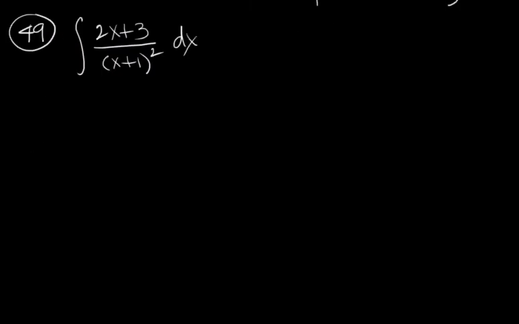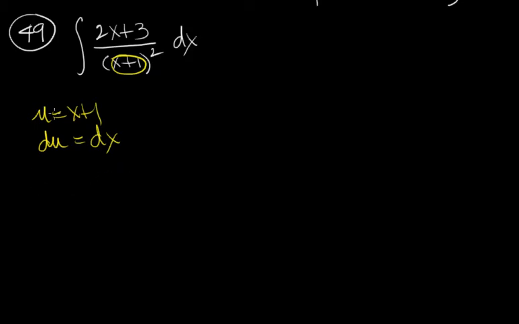Number 49, again, I see a sum that's being squared, and I'd like to turn that into one term. I'd like to turn it into just a u squared in the denominator. That would become u to the minus 2. So I let u be x plus 1, and du is dx. So, I'm not going to be able to multiply by a constant to turn that numerator into dx.